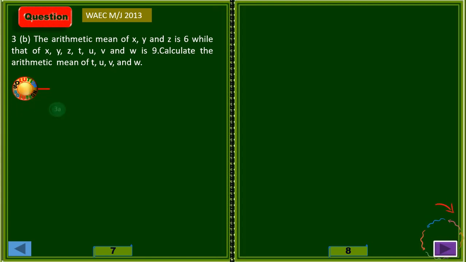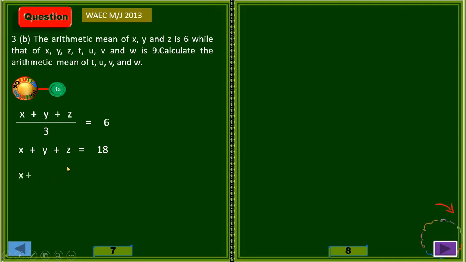Let's see how to solve this question together now. x plus y plus z, then the arithmetic mean should be dividing them by 3, and the answer we're told is 6. So we equate that to 6. Cross multiply, x plus y plus z will give us 3 times 6. That will give us 18.